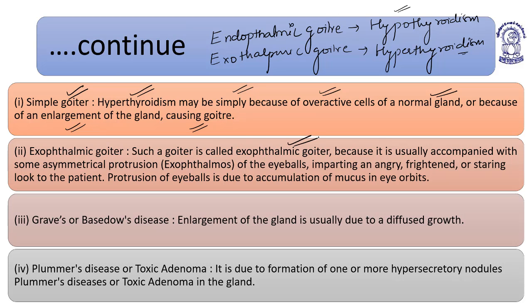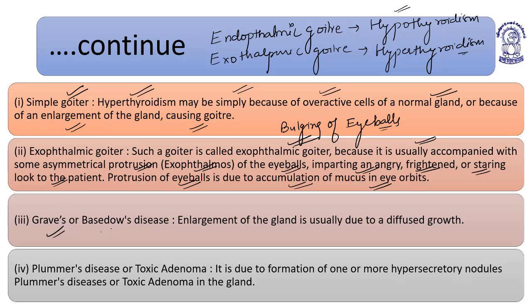Such a goiter is called exophthalmic goiter because it is usually accompanied by some asymmetrical protrusion, exophthalmos, bulging of eyeballs, imparting an angry, frightened, or staring look to the patient. Protrusion of eyeballs is due to accumulation of mucus in the eye orbits.